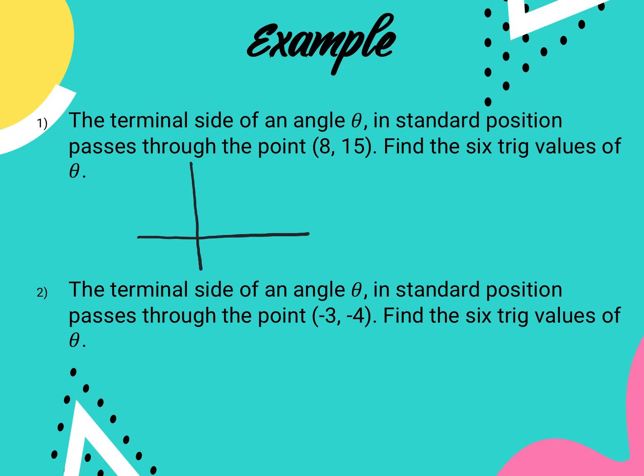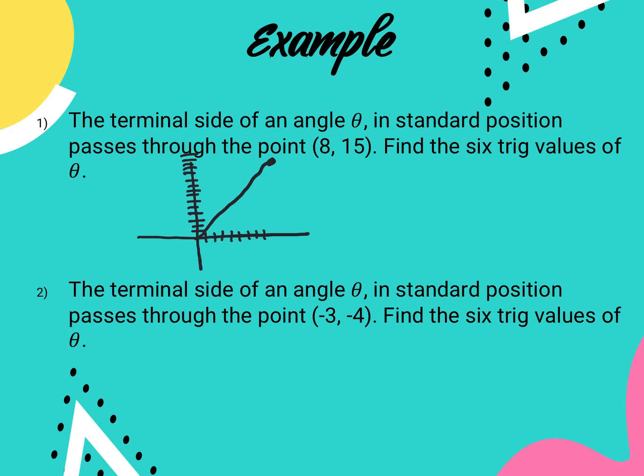So if I graph the ordered pair (8, 15), 1, 2, 3, 4, 5, 6, 7, 8, and then 1, 2, 3, 4, 5, 6, 7, 8, 9, 10, 11, 12, 13, 14, 15. Oh, it's way up here. Okay, so here is my point (8, 15). The length of r is from the origin (0, 0) to that point.